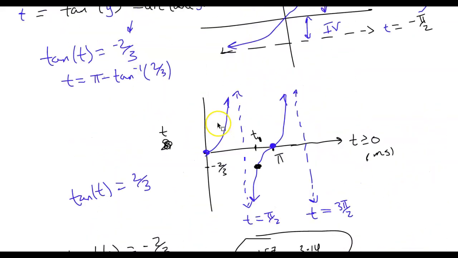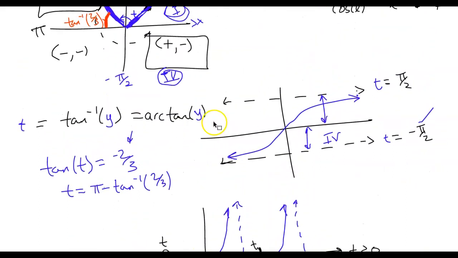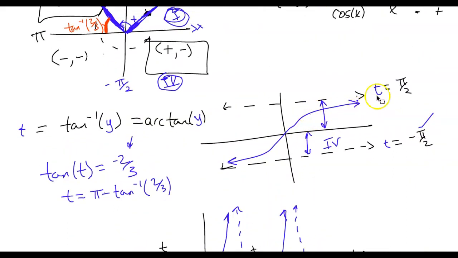So let's go back to this graph. If you look here, notice that our tangent inverse function has positive values, meaning positive t values or positive angles, whenever the values that we plug into it, and I'm calling it y, but we could say it's x here, are positive.